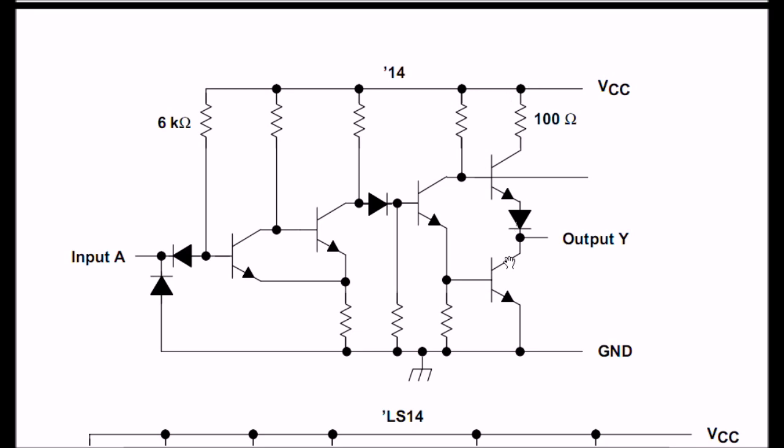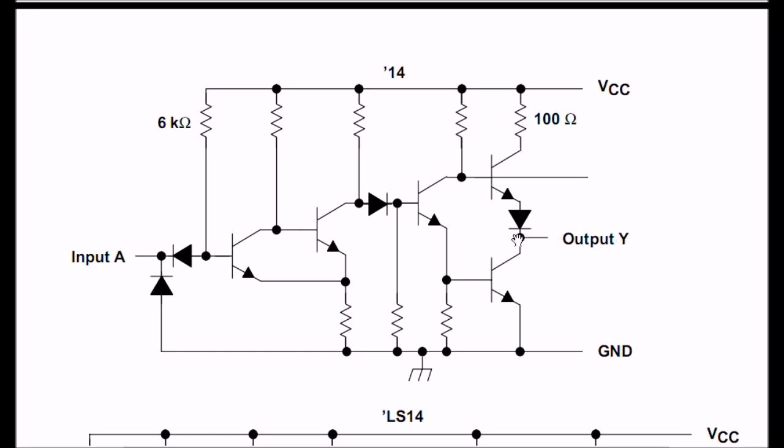They're connected between VCC and ground. If I want a high out, I'm going to switch on this upper transistor. And of course, there's going to be some kind of resistance through the circuit, including the transistor itself, and the output's going to go high, and it should be near VCC.